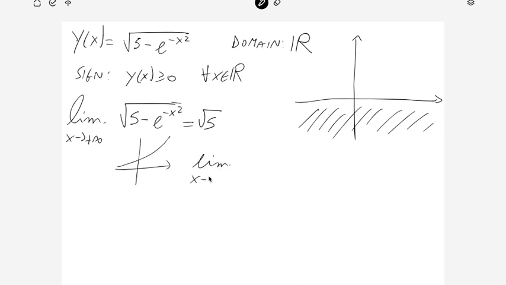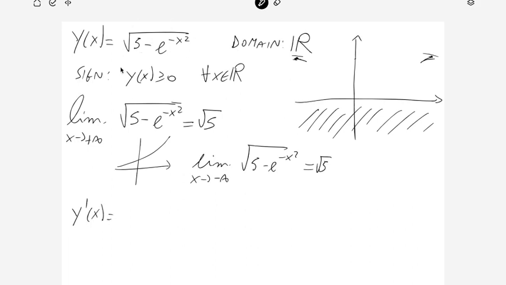And also when x goes to minus infinity, x squared is plus infinity, and so we have e to minus infinity as before, square root of 5. So square root of 5 here, square root of 5 here, the function goes like that, approaching the asymptote.